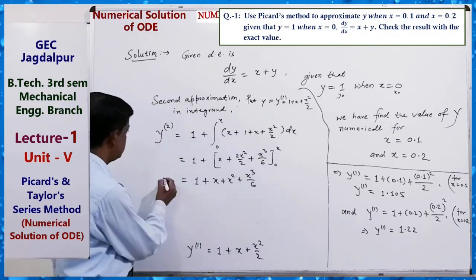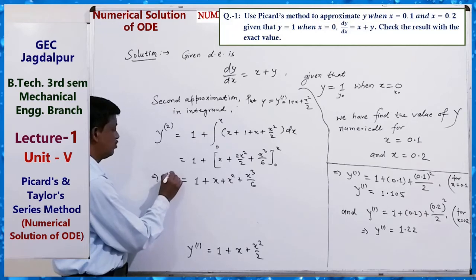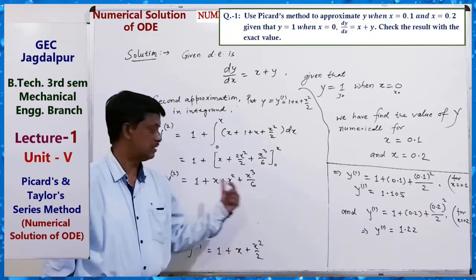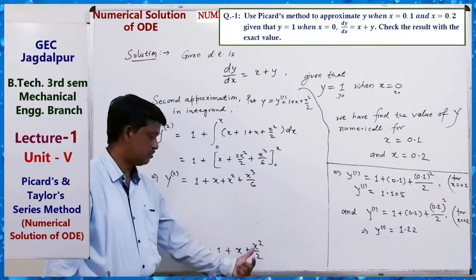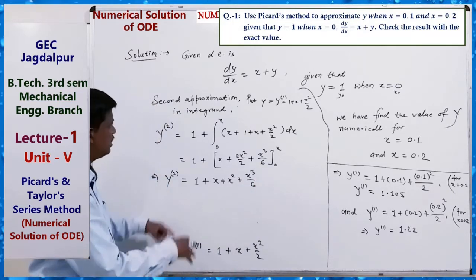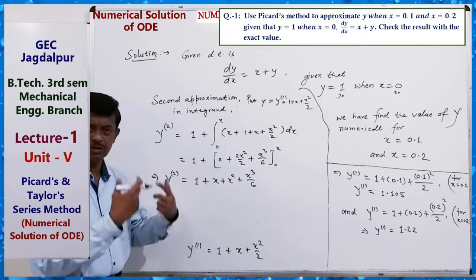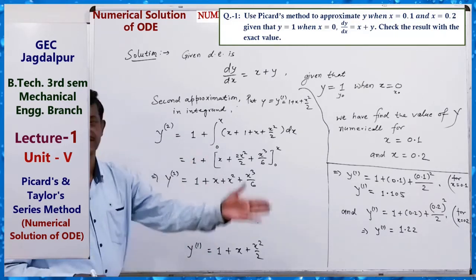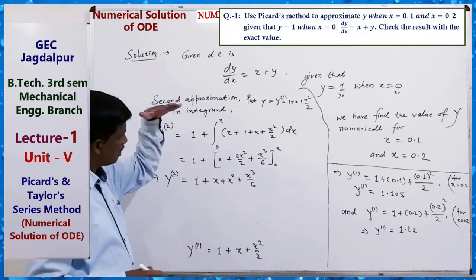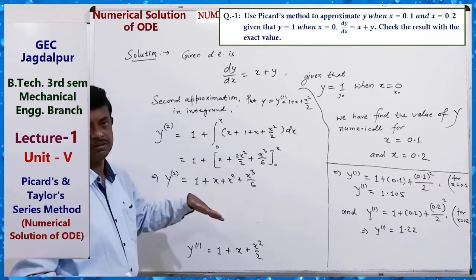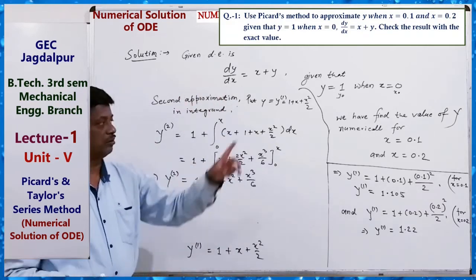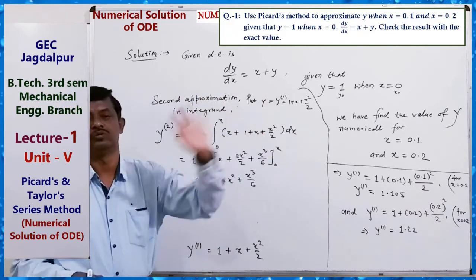This is the second approximation, also a function of x as a finite series. Similarly you can get the third, fourth, fifth approximation by successive integration, and at all stages you can get the value of y for x equal to 0.1, x equal to 0.2.